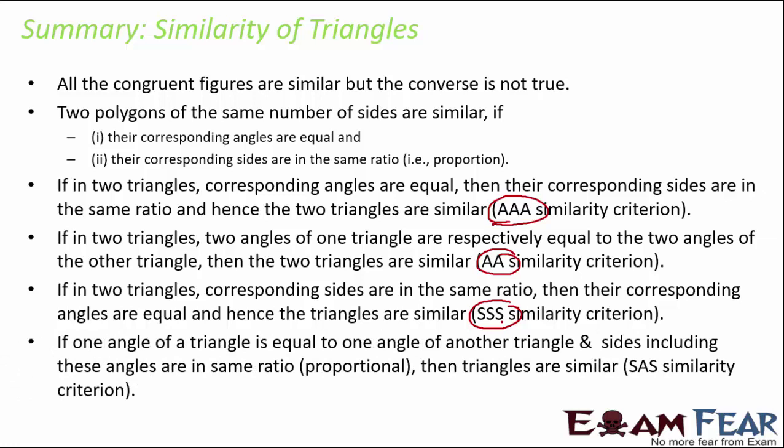If one angle of a triangle is equal to one angle of another triangle and the sides including these angles are in the same ratio, then that criteria is called SAS, that is side angle side. But here the important thing is that if we are talking about, let's say, this angle, then the two sides which should be in the same ratio are these two sides, the sides which are enclosing that angle.